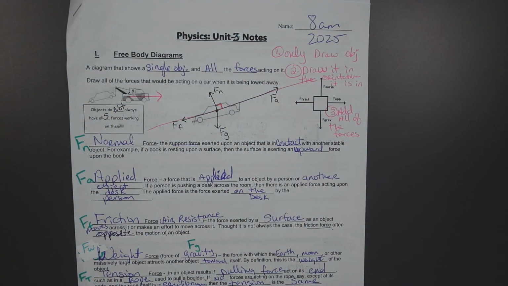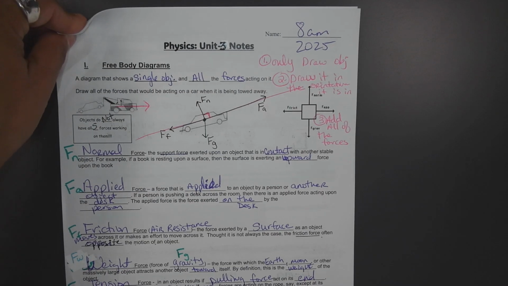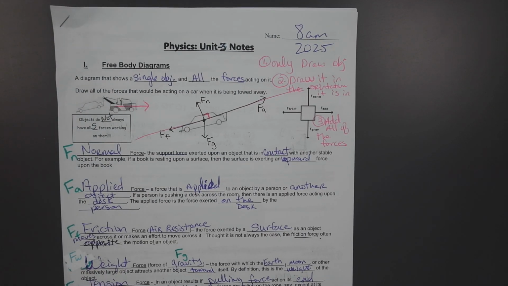And we started going in through here with free body diagrams. Free body diagrams is a way to isolate and single out one object and all of the other forces that are acting upon that object.